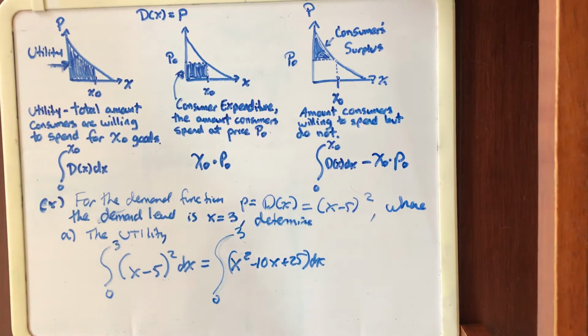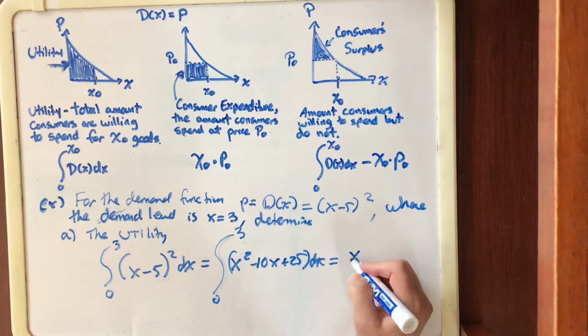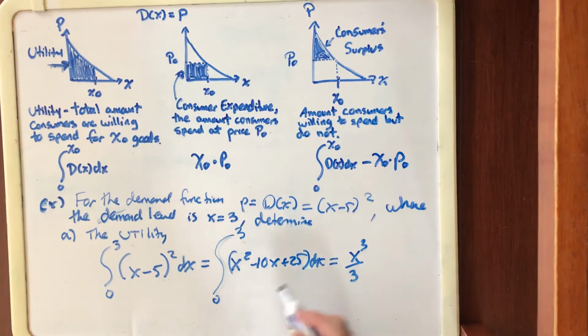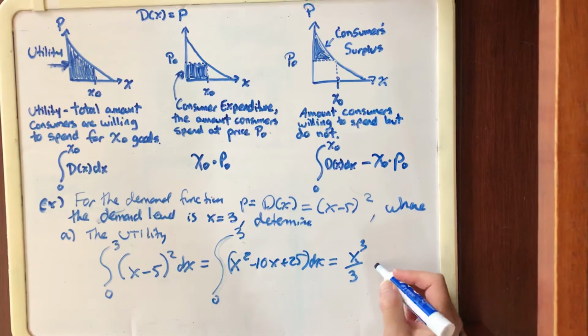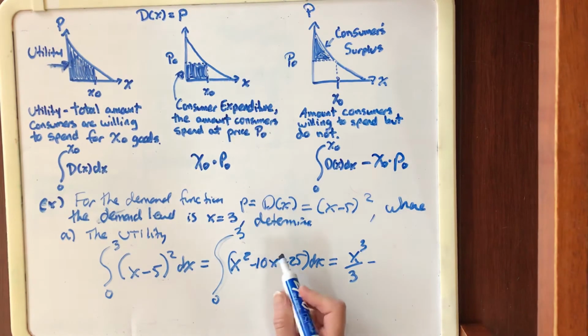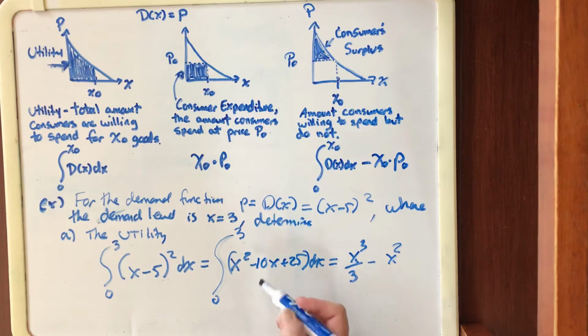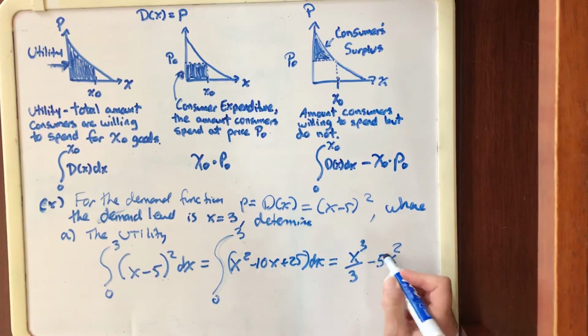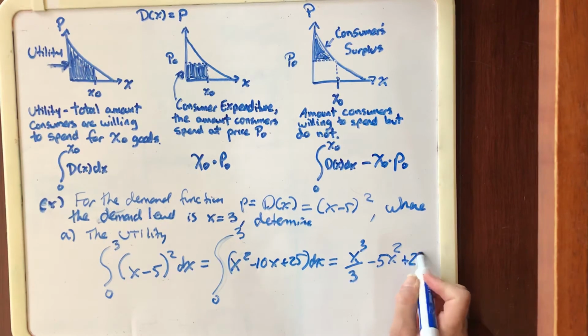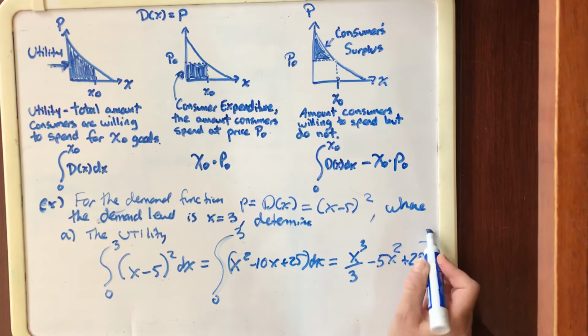Okay, and now we're going to integrate. Integrating, we add 1 to 2, X cubed over 3. Here we add 1 to 1, which gives us 2, and we divide by 2, so our end result is negative 5X squared, and then plus 25X, going from 0 to 3.